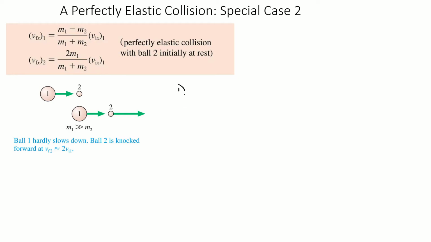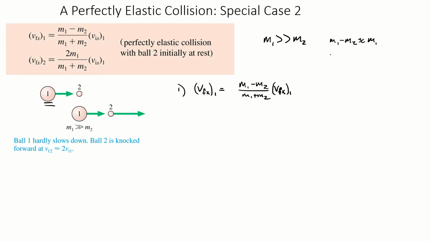Again, let's see what the equations we derived say. The final velocity of the initial ball, which is our bowling ball, is going to be equal to m1 minus m2 over m1 plus m2, times v initial x of ball one. Now, if m1 is much greater than m2, let's say 10 kilograms and 10 grams, m1 minus m2 is essentially just going to be m1. If I take 10 grams off 10 kilograms, I still have 10 kilograms.